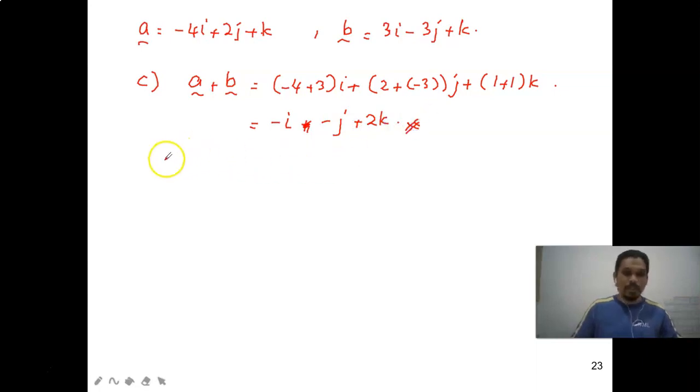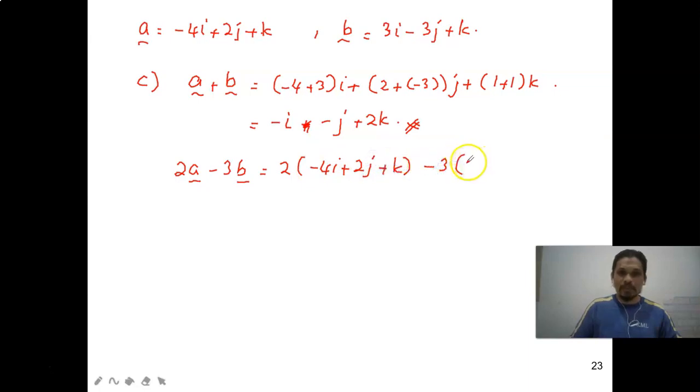And the next question is 2A minus 3B. So 2 times the vector A, negative 4i plus 2j plus k, minus 3 times the vector B, 3i minus 3j plus k.